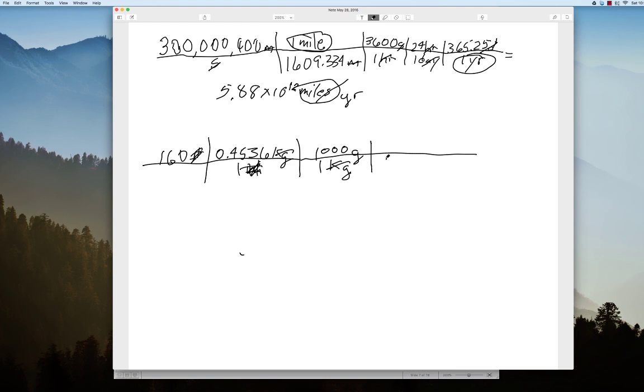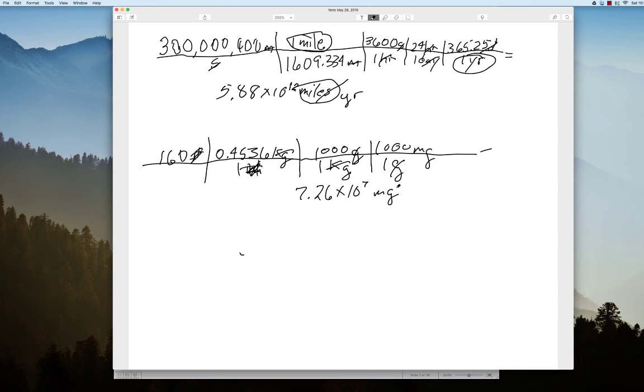And 1 gram is 1,000 milligrams. This one, we get 7.26 times 10 to the 7 milligrams.